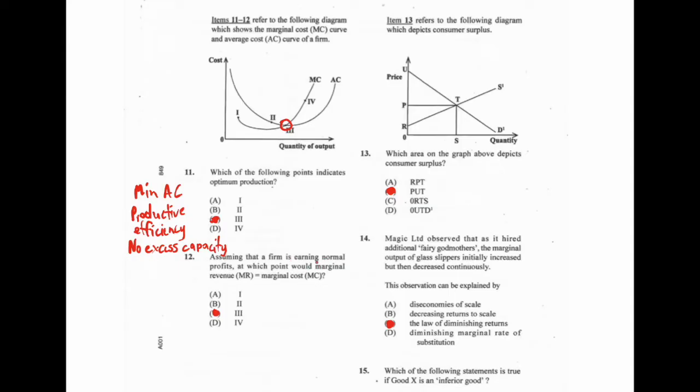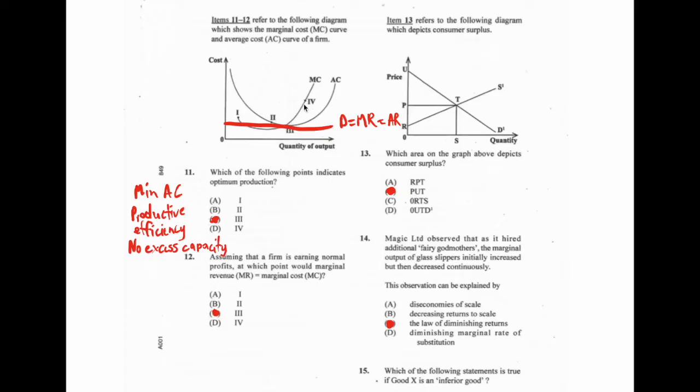12 says, assuming that a firm is earning normal profits, at what point would marginal revenue be equal to marginal cost? Again, the answer would be 3, because if we're assuming that this is a perfectly competitive industry, we draw the demand curve here, and we find that the demand is equal to the MR, which is equal to AR.